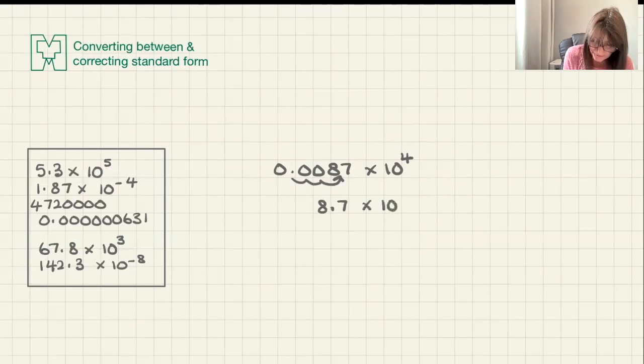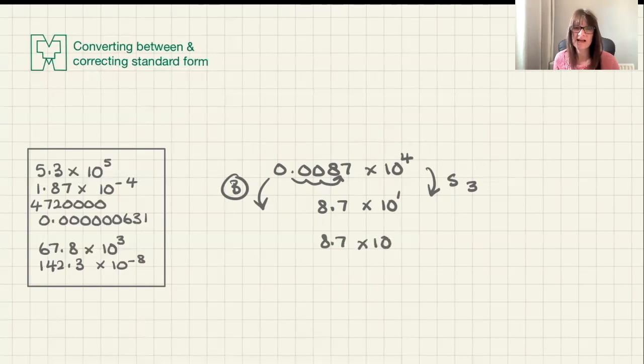Now what's happened? I've gone small to big. So I need to go small by 3. So 4, take away 3 is 1. Technically, you don't need to show the power 1. That's in standard form as an ordinary number, 87.